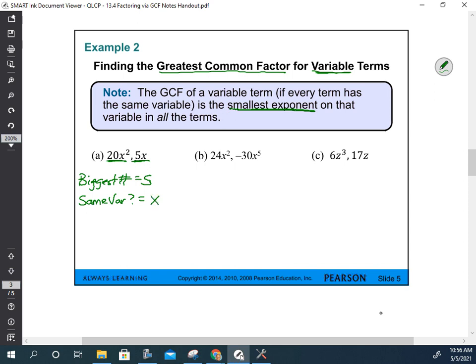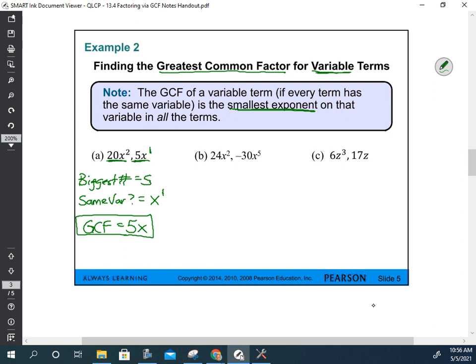You have an exponent of 2, and you have an exponent of 1. So that's x to the first power. So your greatest common factor would be 5x.